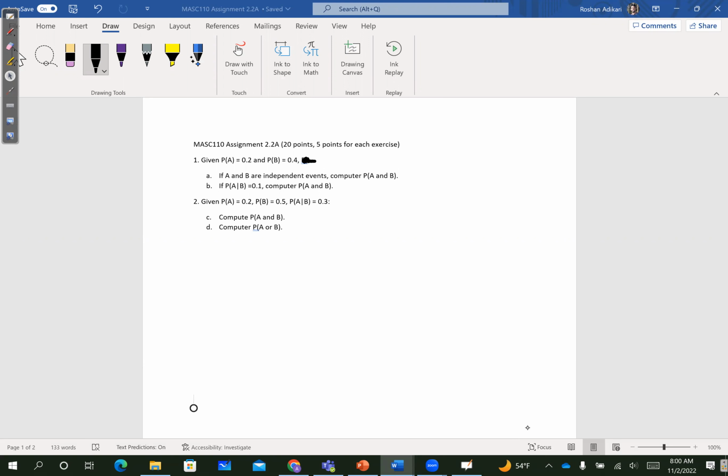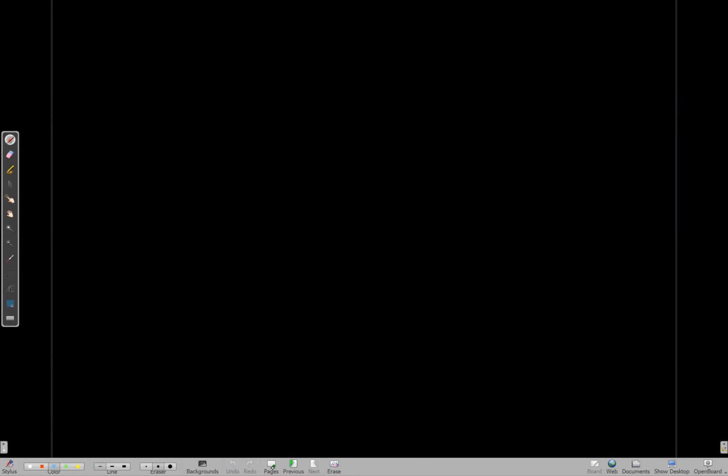Now, probability of A and probability of B, you have to find P(A and B), and now let me come over here. This is going to be P(A) times P(B) if the cases are independent. That means if they do not depend on each other.